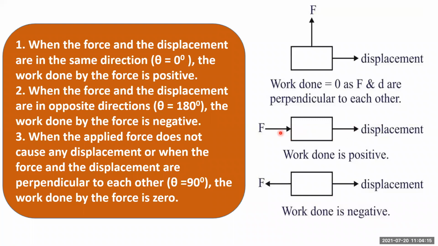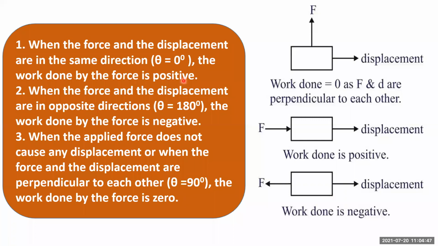The angle between force and displacement is zero, theta equals 0 degrees. Work done by the force is positive in this case. So remember, students, when force and displacement are in the same direction, we can say the work is positive.